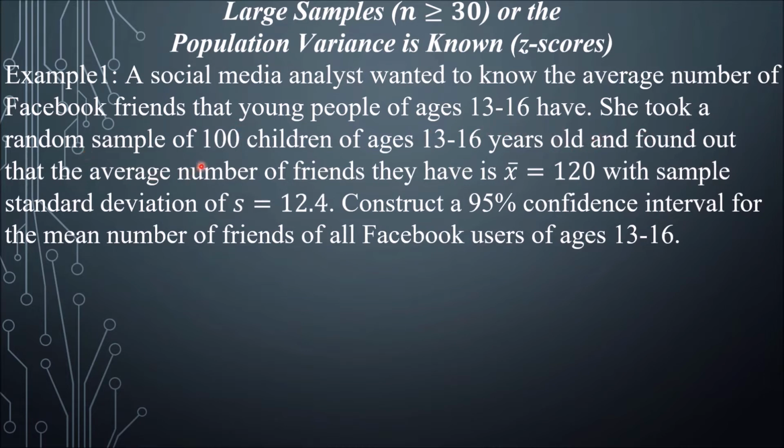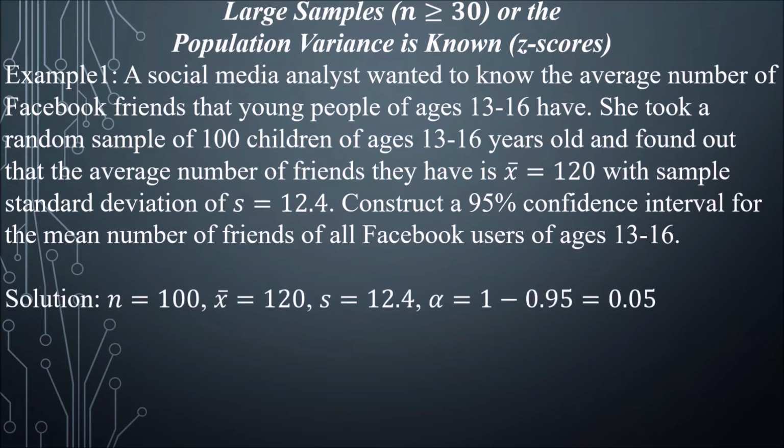She took a random sample of 100 children of ages 13 to 16 years old and found out that the average number of friends they have is 120. So this is our sample mean, 120, with sample standard deviation of 12.4. Construct a 95% confidence interval for the mean number of friends of all Facebook users of ages 13 to 16.